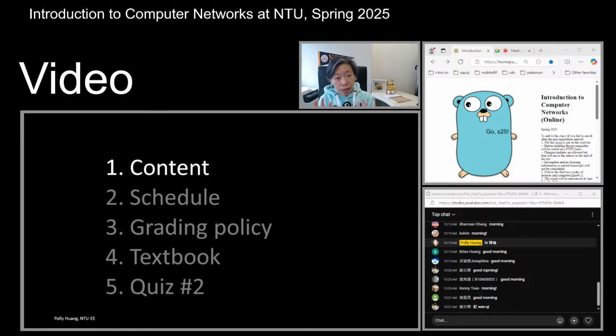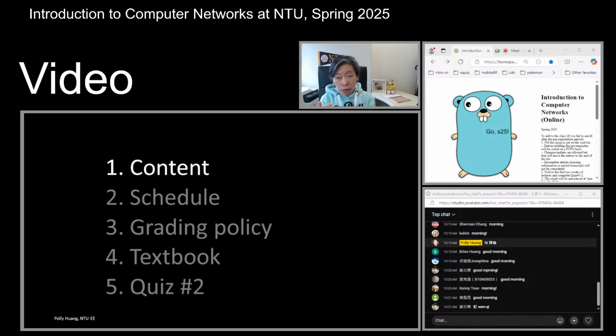Let me give you a very high-level overview of what we are going to go over today. There are going to be two sets of topics. First is to complete the overview of the class. You see that Polly likes to make sure things are clear instead of trying to speed things up overly so that you miss many of the details. Let's take things slow, especially at the beginning.